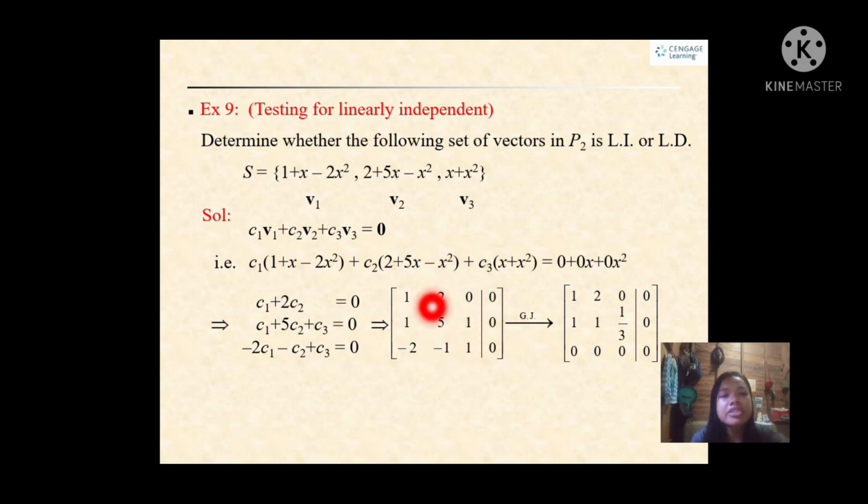For this matrix, if we use Gauss-Jordan elimination, this will be the answer: 1 2 0 0, 0 1 1/3 0, 0 0 0 0. It has a leading 1.